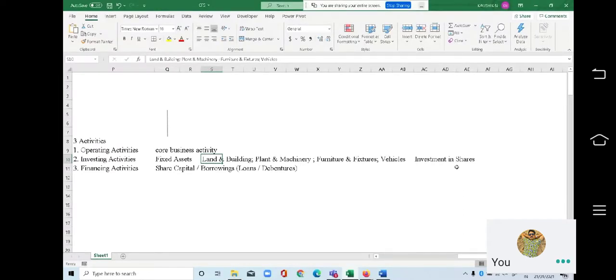And the another one is provision for tax. The another account is provision for tax. So provision for tax, why we are doing it? Because every businessman will do business based on one objective, that is to earn profit, and of course if you earn profit you have to pay tax, and if you want to pay the tax for the profit you have to allocate the amount towards the tax.